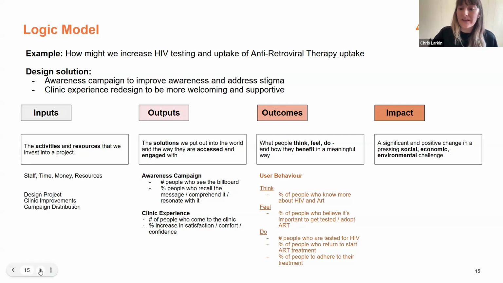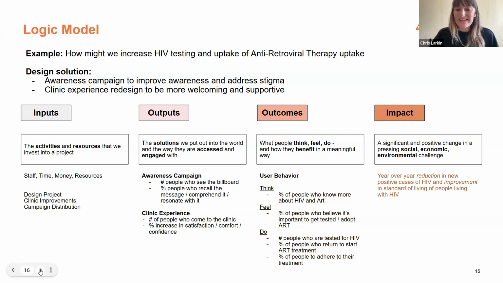And then at the impact level, you can jump to the next slide.